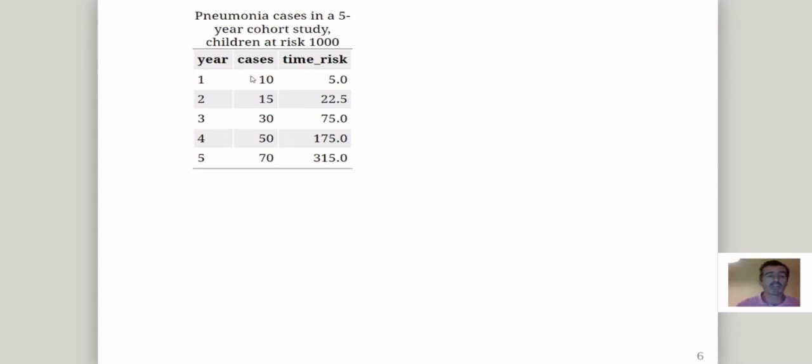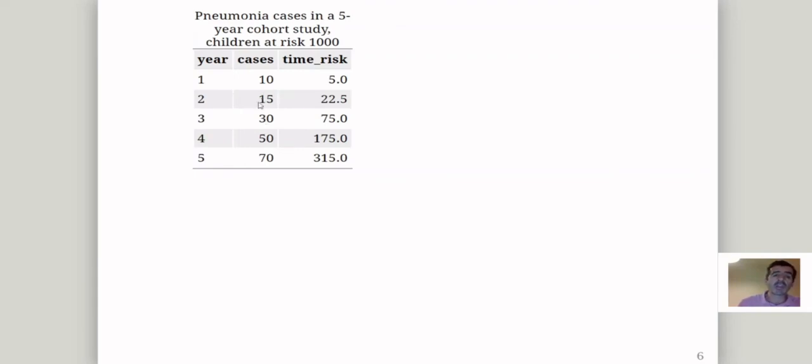So as a rule of thumb, we very often assume that the cases occur at the middle, and then we multiply these cases by, in the first year, 0.5, and then it will give us 5 times years at risk. So the same assumption is also for kids presenting asthma at year 2 and the rest.